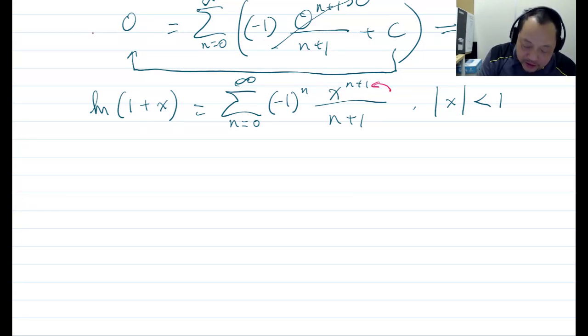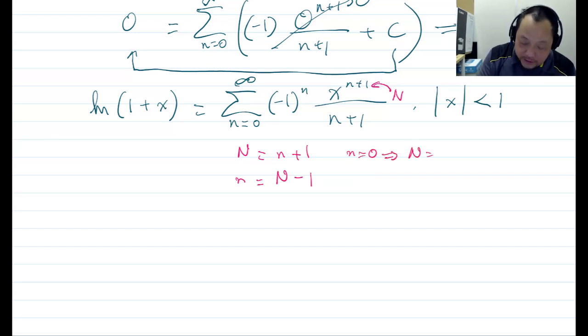So we want this power of x to be just n. So for the moment, I'm going to write a capital N. Then I want capital N to be equal to little n plus 1. If capital N is little n plus 1, then little n is equal to capital N minus 1. When little n is equal to 0, then capital N is equal to 0 plus 1, so capital N is equal to 1.